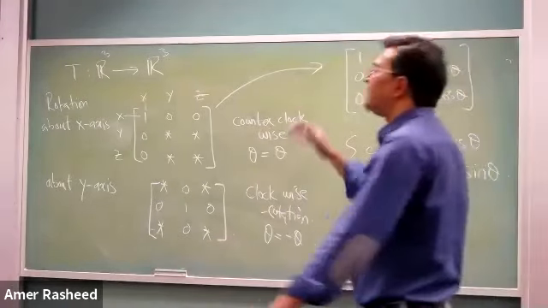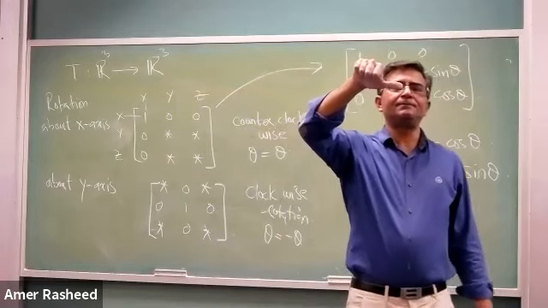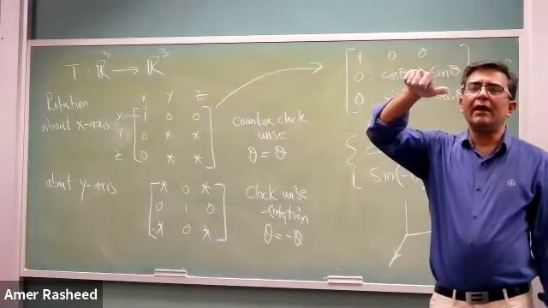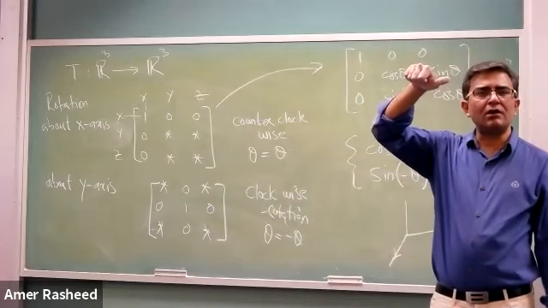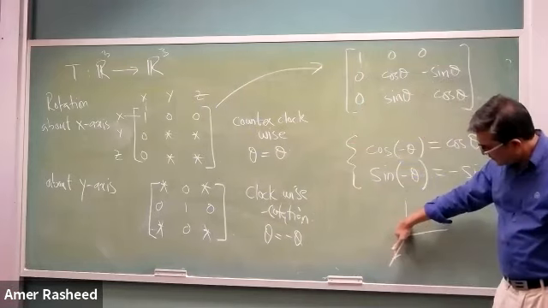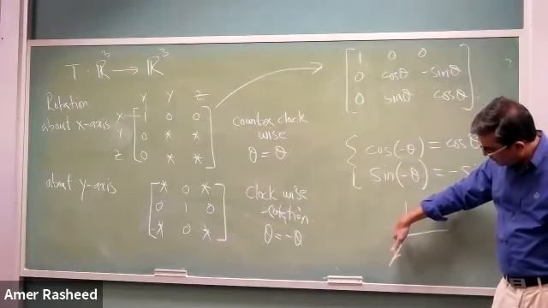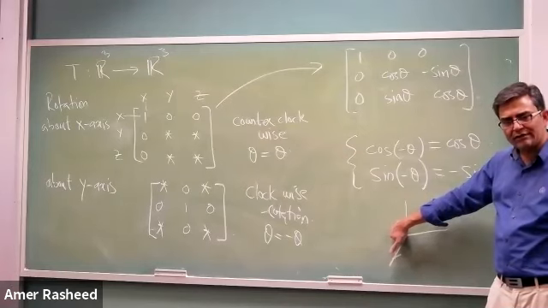You have to use this thumb rule. Point the thumb along x-axis. And what kind of rotation is this? Is it counterclockwise or clockwise? You point your thumb along x-axis and see this rotation.